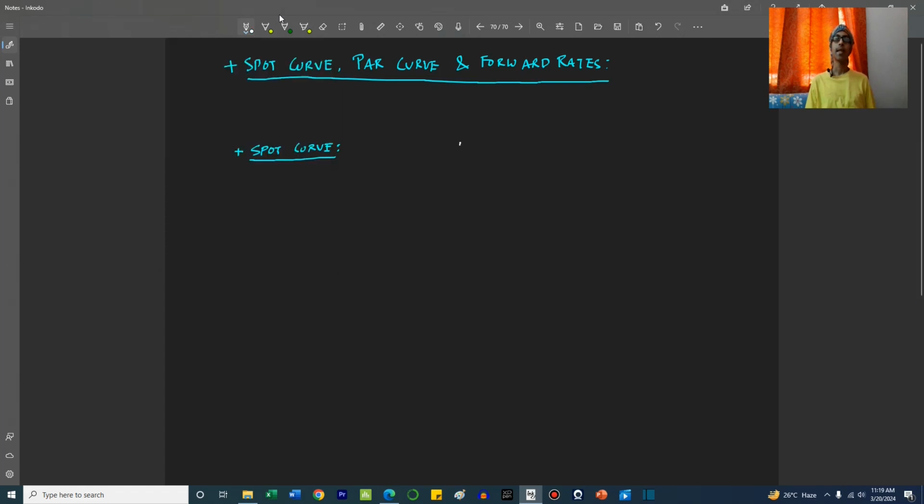So let's say this is the yield to maturity of zero coupon bonds and this is the time to maturity of all these zero coupon bonds: 1 year, 5 year, 10 year, 20 year, 30 year. Now let's say for the 1 year the yield to maturity is here, for the 5 year it is here, for the 10 year it is here, for the 20 year it is here, for the 30 year it is here. So the curve goes like this.